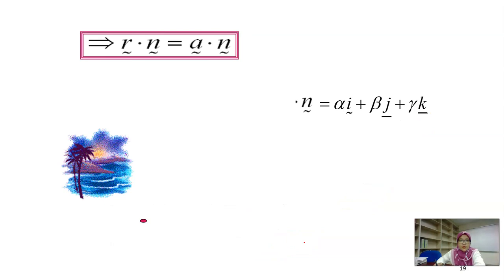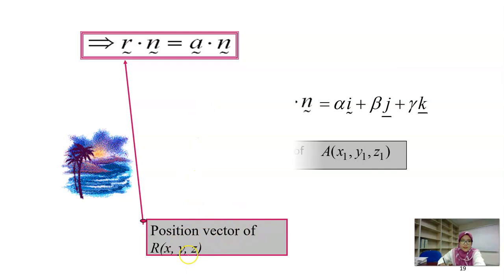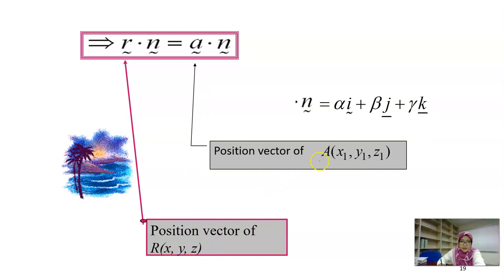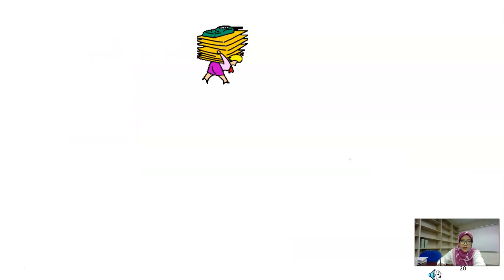So in order to find the equation of the plane, we have r dot n equals a dot n, where r is the position vector of r, x, y, z, and a is the position vector of a, x1, y1, z1, and n is the normal vector to the plane.